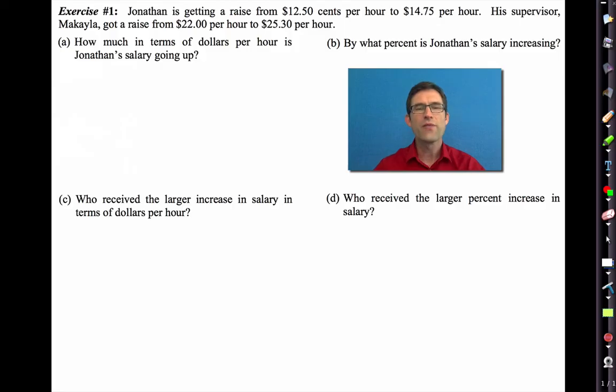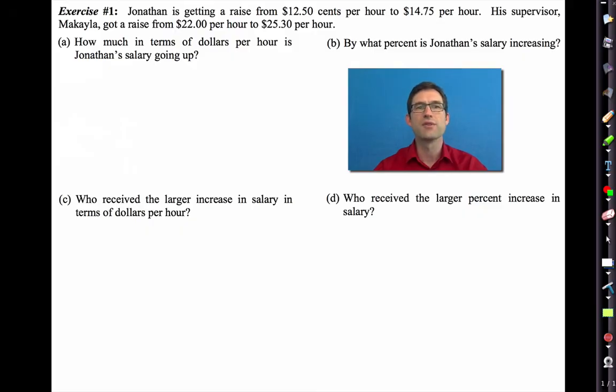In the first problem, we're dealing with two people, Jonathan and Michaela. Jonathan is getting a raise from $12.50 per hour to $14.75 per hour. His supervisor, Michaela, got a raise from $22 per hour to $25.30 per hour. Letter A is a very easy question.